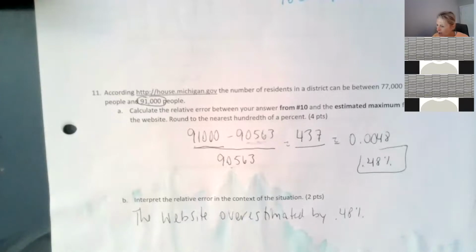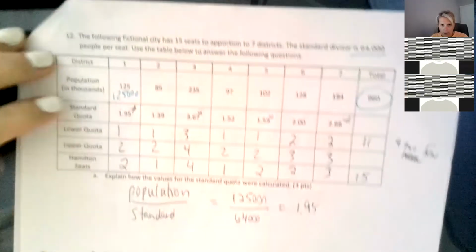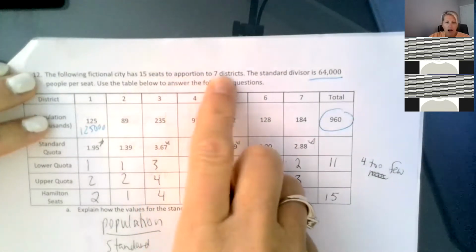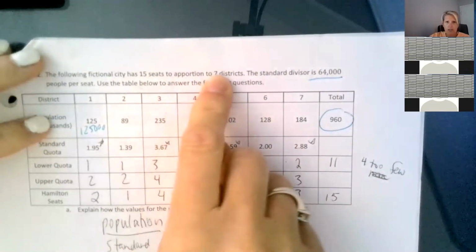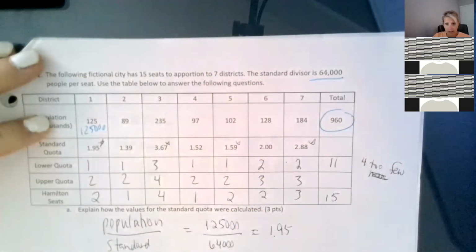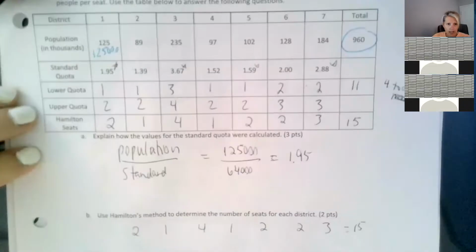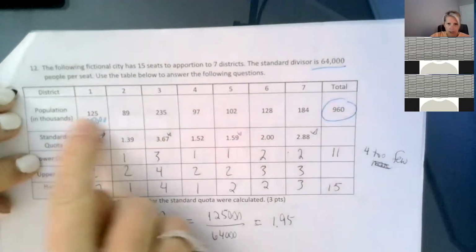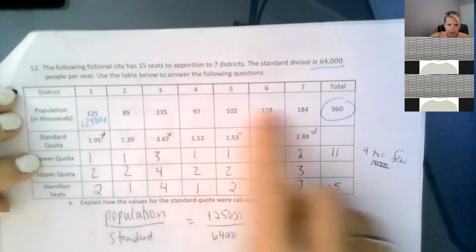Any questions? And then last but not least is the question using the standard divisors. This one said there are 15 seats to apportion over 7 districts, and the standard divisor is 64,000. I gave you that. Here are my 960,000 people split up into my 7 districts.